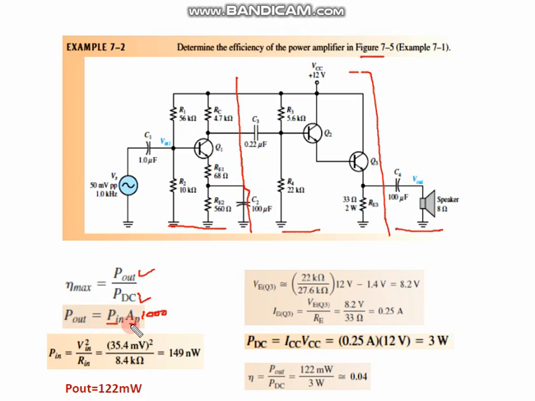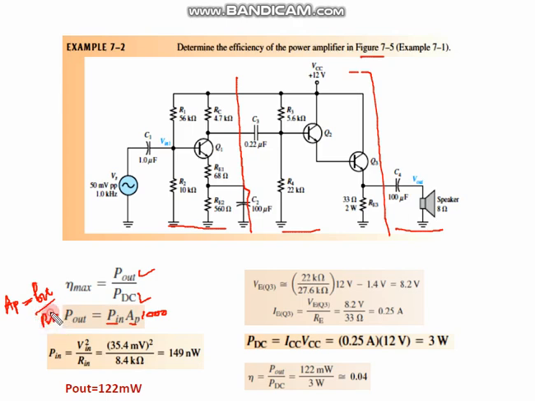But since AP is given, I can use the relation that power gain AP equals P out divided by P in.